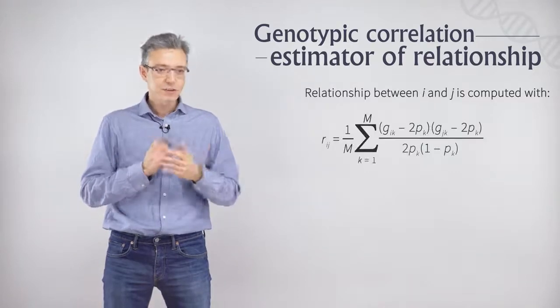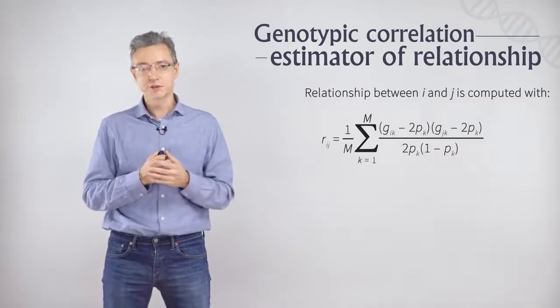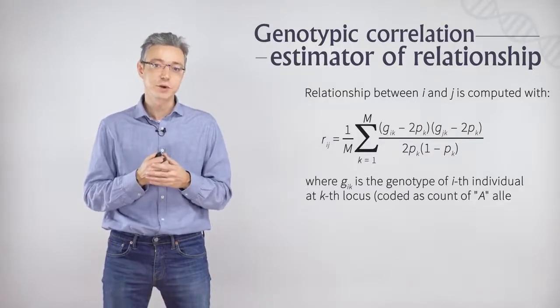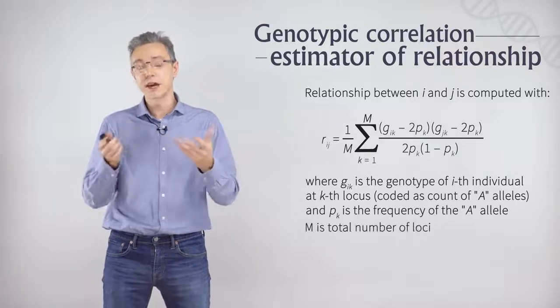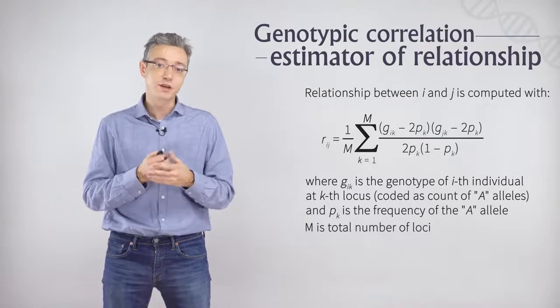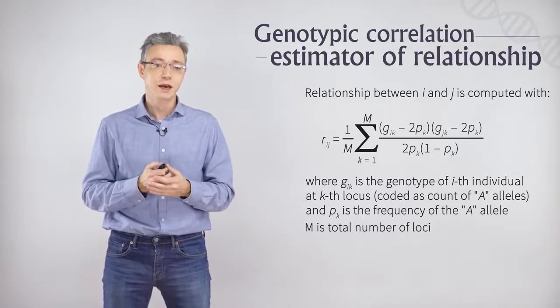On the screen, you can see the expression which allows you to estimate the coefficient of relationship between any pair of individuals in question, if you have genome-wide data for these people.